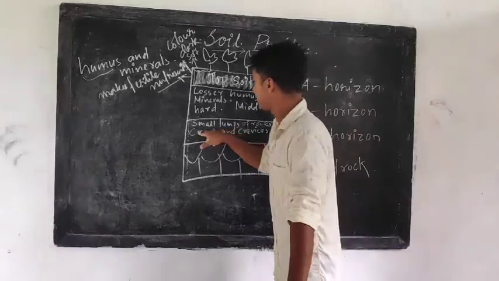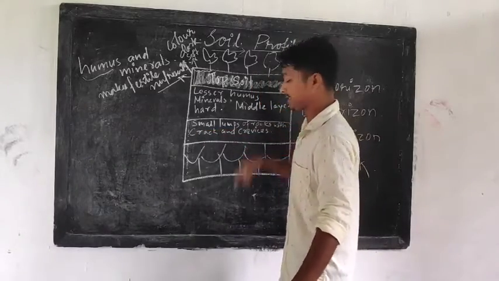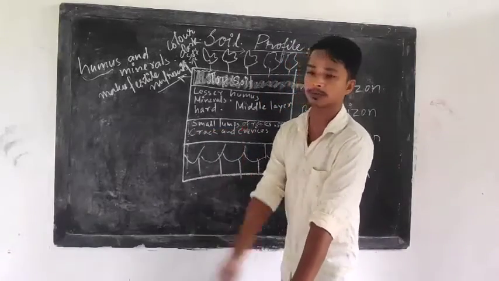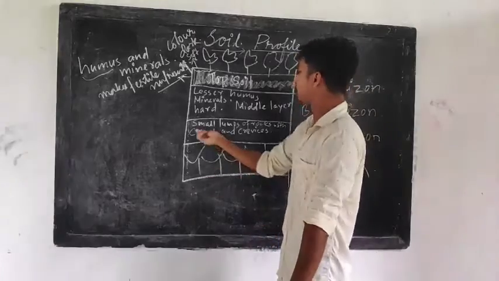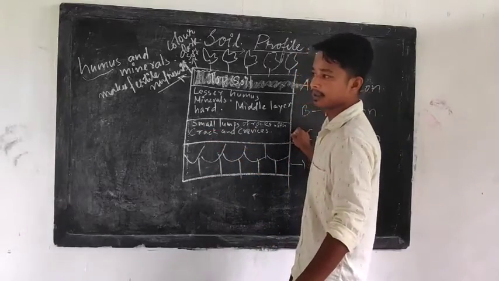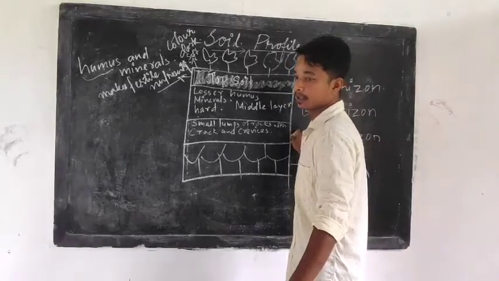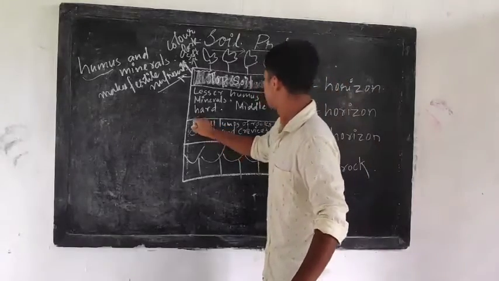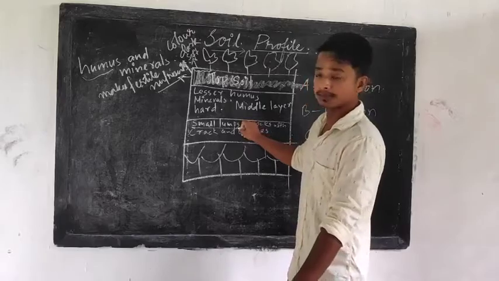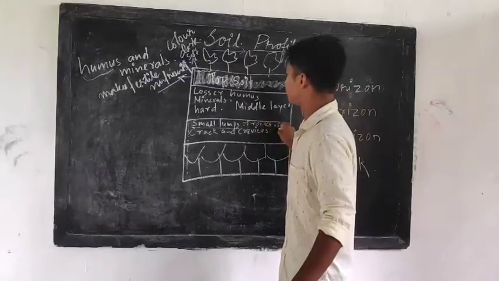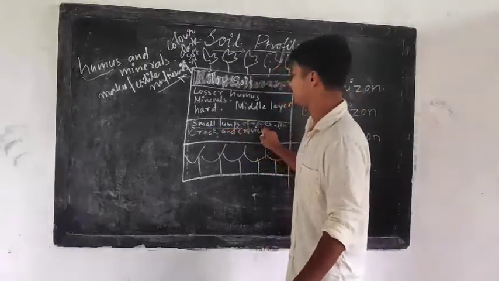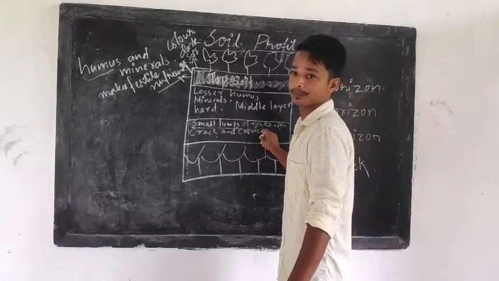Then when we talk about depth, if we go further below, we find the third layer, called the C horizon. And it has small lumps of rocks with cracks and crevices.